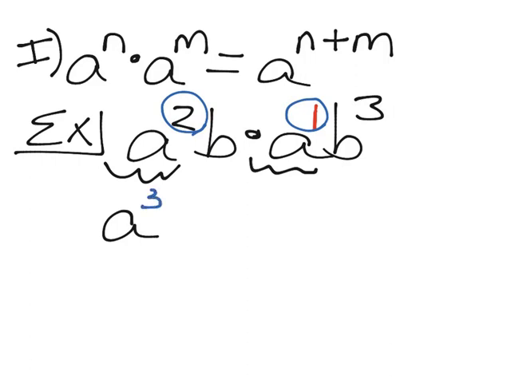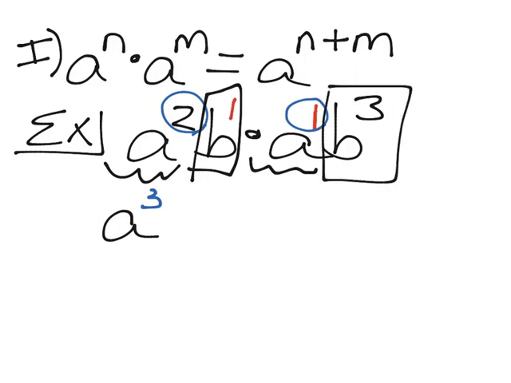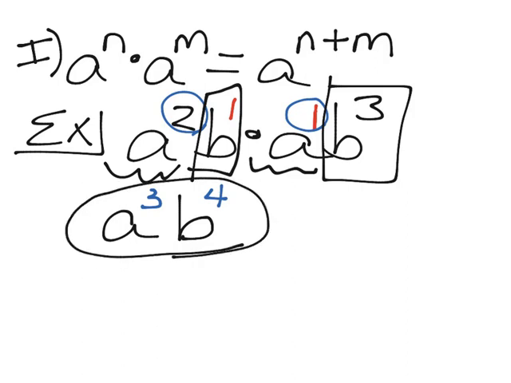We're going to follow the same procedure with the b. There's a b here, which is understood to have an exponent of 1 also. And then there's also a b here. And we'll add those exponents. 3 plus 1 will be to the 4th power. And so our final product is a cubed b to the 4th.